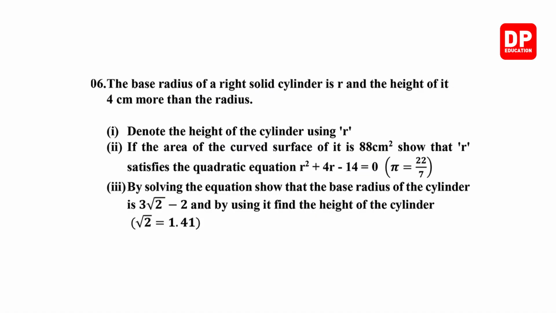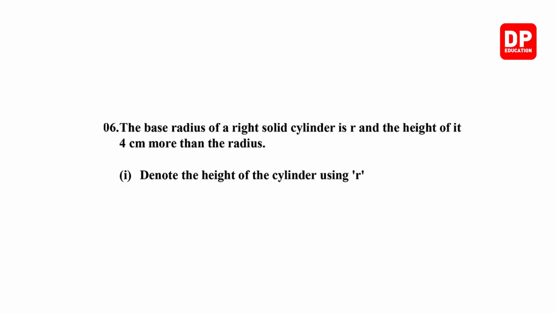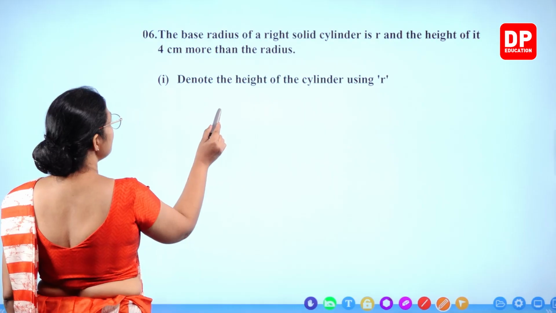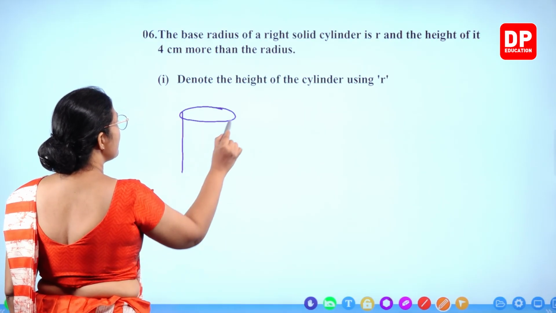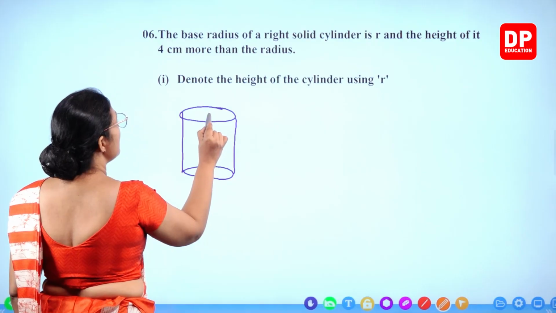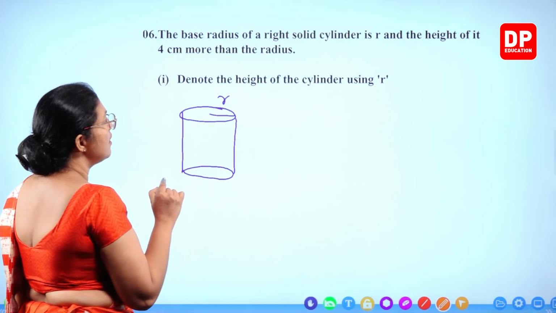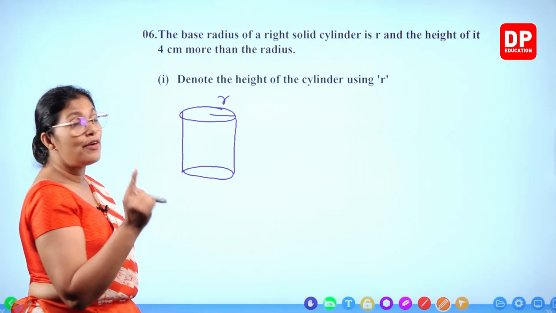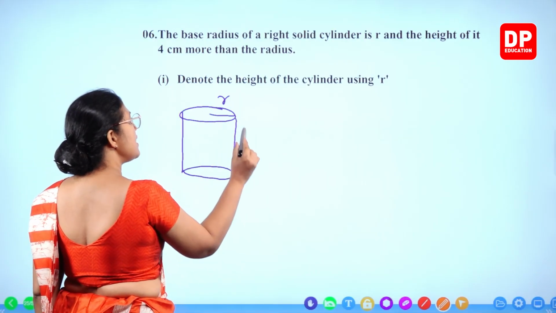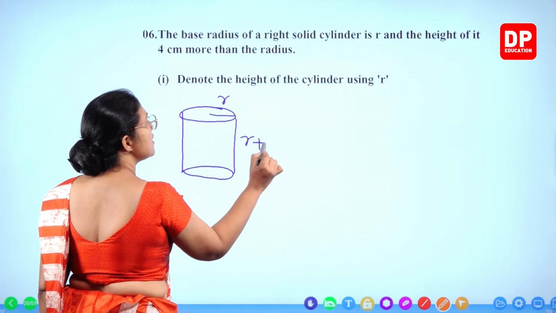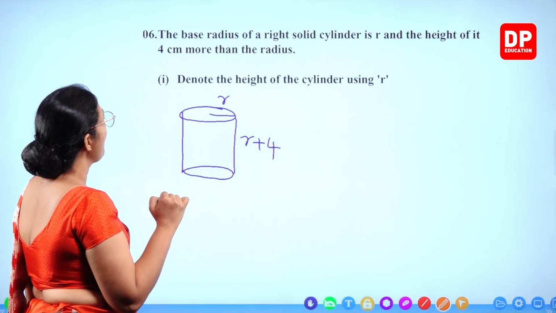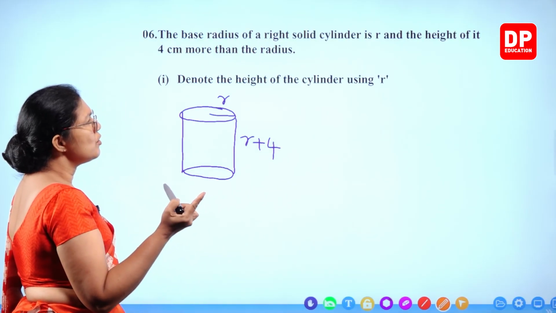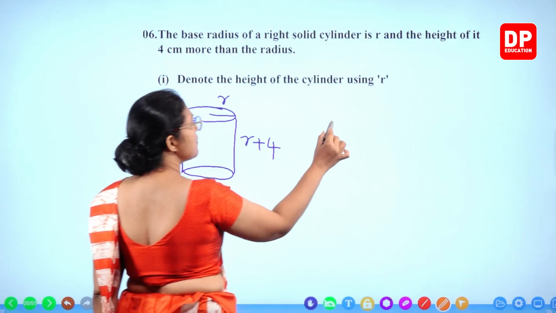Let's do question number 6. The base radius of a right solid cylinder, let's take the diagram, cylinder, and the base radius is r. And the height of it is 4 centimeter more than the radius. R is the radius, and then what is the height? R plus 4. Denote the height of the cylinder using R. So what is the height?